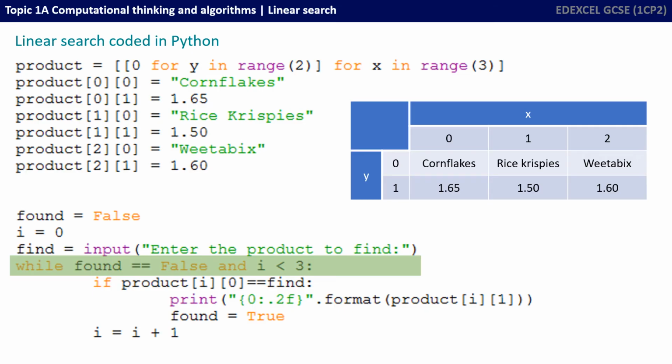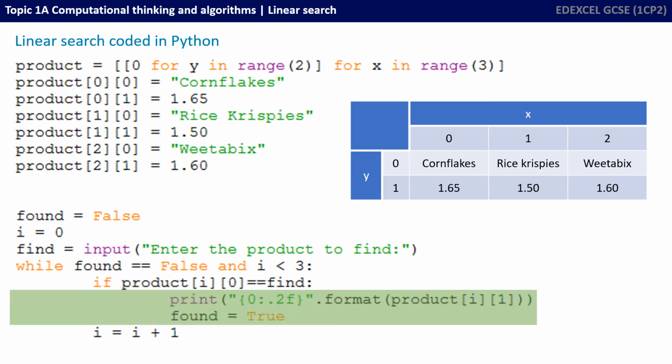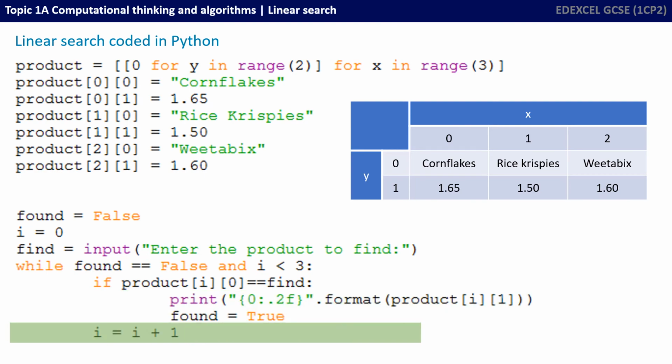And whilst that's not been found, and we haven't reached the end of the data set, we're going to check if the product matches the one we're looking for. And if it does, we're going to print to the screen the price with 2 decimal places and set found to be true because we don't need to check any other products. This makes the algorithm just a little bit more efficient. If the product was not found, we can increment I by 1.